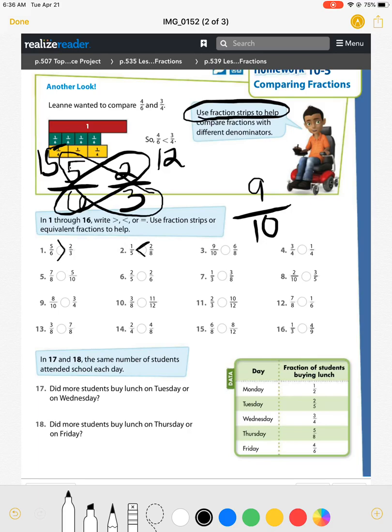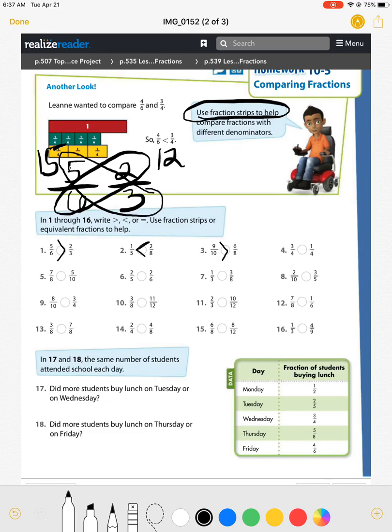We only need 1 more tenth to make that 1 whole. But 6/8, we would need 2 more eighths to make it 1 whole. So 6/8 is going to be a little bit smaller than 9/10. So 9/10 is greater than 6/8.